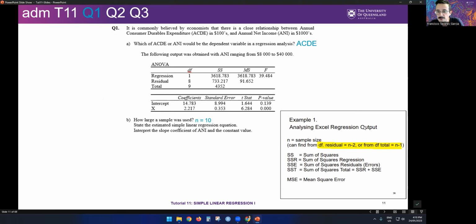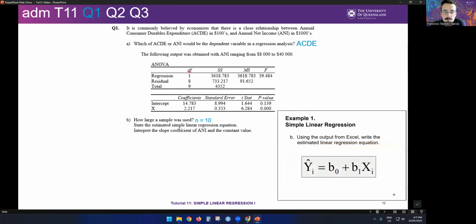DF, degrees of freedom. So the degrees of freedom of the residual is usually n minus 2. If you have a look here, since we have an 8, and this is n minus 2, therefore n would be 10. Same for degrees of freedom total, which would be n minus 1. All right? So n equals 10. Then state the estimated simple linear regression equation.